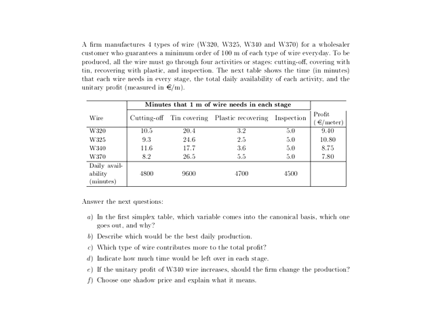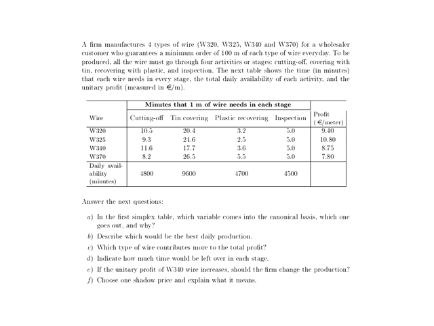A firm manufactures 4 types of wire: W320, W325, W340, and W370 for a wholesaler customer who guarantees a minimum order of 100 meters of each type of wire every day.